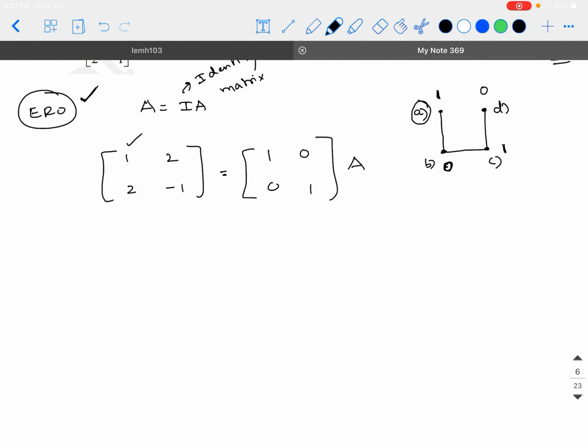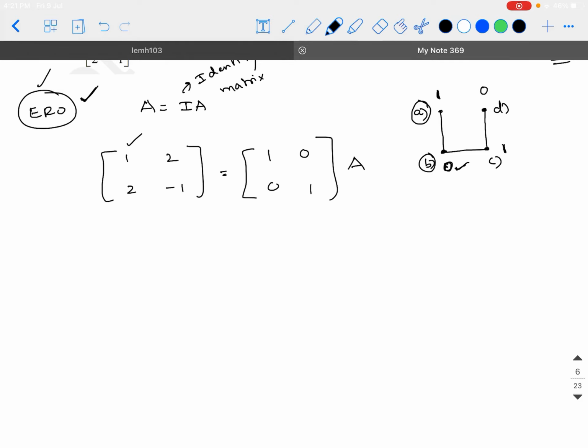So I should start with the first point. Fortunately here, the first number itself is 1, so we need not disturb it. If it were some other number, I would suggest dividing the first row by that number, since we are performing row operations. Now I'll go to B. My job is to make this 0.